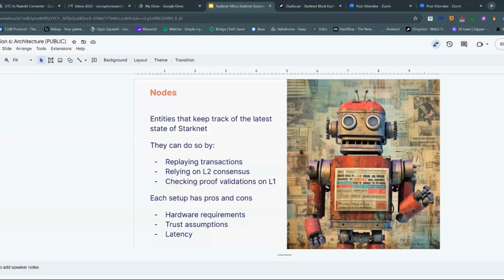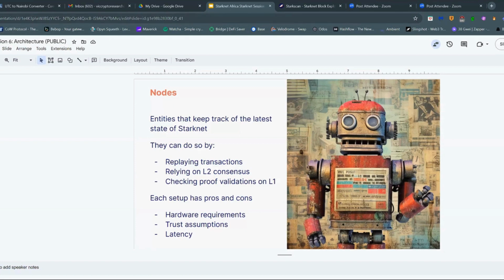Okay, so before we dive into the sequencer, let me just mention that we have nodes on Starknet. However, nodes on Starknet are different from nodes on Ethereum mainnet. On Ethereum, nodes are what actually carry out the execution of transactions. But on Starknet, they are mostly used to track the state of the network.